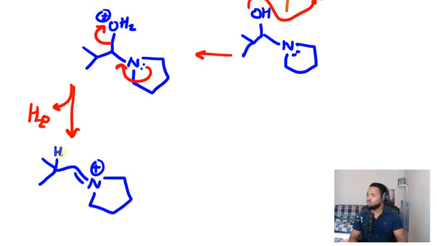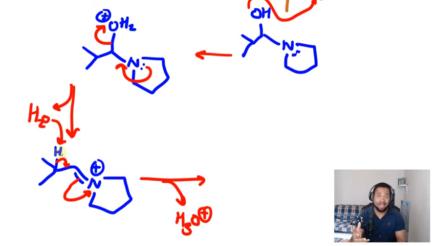Therefore, this results in the loss of our hydrogen, thereby causing this bond to form a pi bond, and this results in the transformation of our pi bond to a lone pair on the nitrogen, and this results in the forming of our hydronium ion and our main product, which is considered to be our enamine.